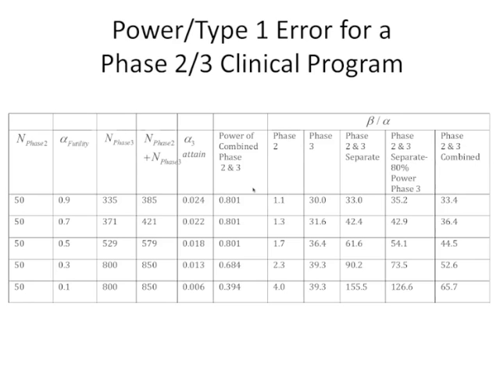We can see this in columns 9 and 10, which are labeled phase 2 and 3 separate, and phase 2 and 3 separate with an 80% powered phase 3. A threshold of 0.10 leads to a ratio of power to type 1 error of 155 and 126.6 respectively when phase 2 and phase 3 are evaluated separately, which compares with a ratio of power to type 1 error of 65.7 when the phase 2 and phase 3 portions are analyzed together in a combined analysis.